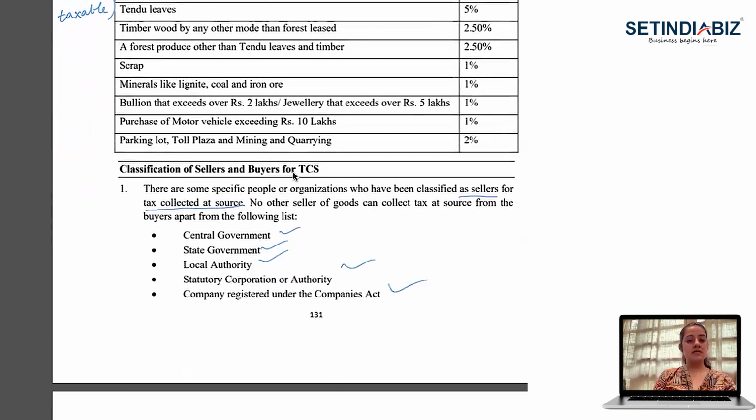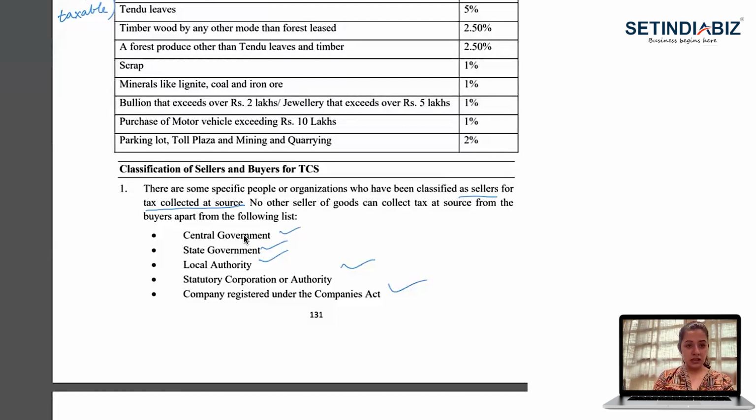Classifications of sellers and buyers for TCS. Now, who can deduct TCS, and on which product is TCS applicable? There are some specific people or organizations who have been classified as sellers for tax collection at source. No other seller can collect tax at source from buyers apart from this given list. So what is the list?